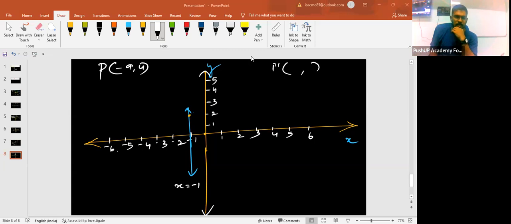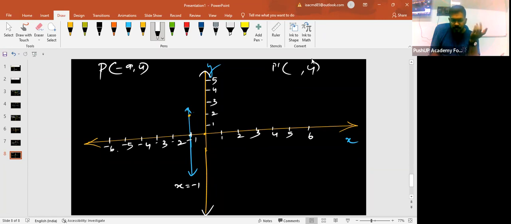Very good, Joanne. So children, you know it is getting reflected through a line parallel to the y-axis. No change in the y-coordinate. 4 will remain 4 itself. Right? Now, what is the distance covered from minus 9 till this minus 1? It is 8 units, isn't it? From minus 9 till minus 1, the distance covered is 8 units.